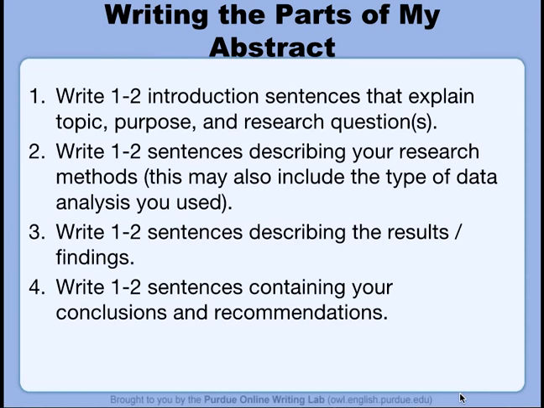And it says, write 1 to 2 sentences describing your research methods. This may also include the type of data analysis you used. Well, basically what you did is you did a bunch of what we would call literature review.